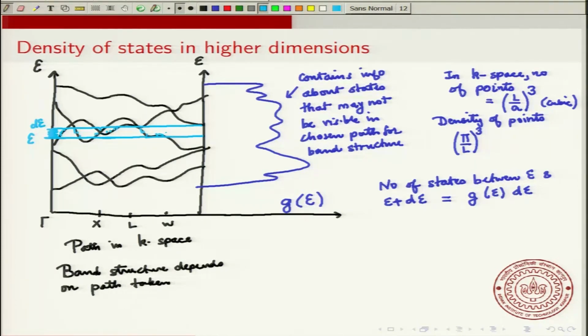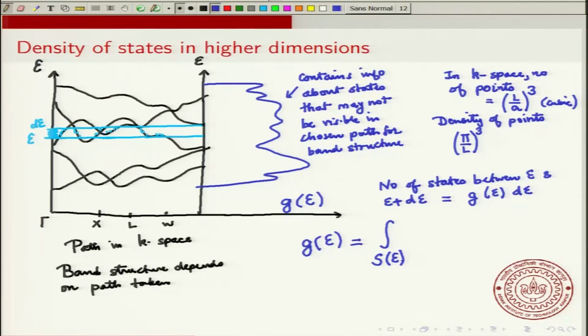So, now this can be written as an integral over the K space, and using certain mathematical techniques, this can be expressed as an integral over a surface of constant energy.